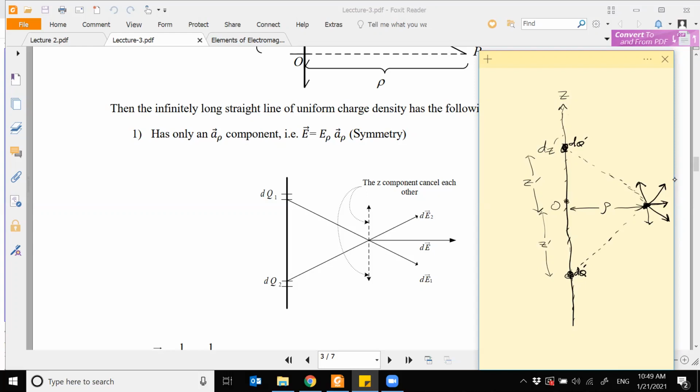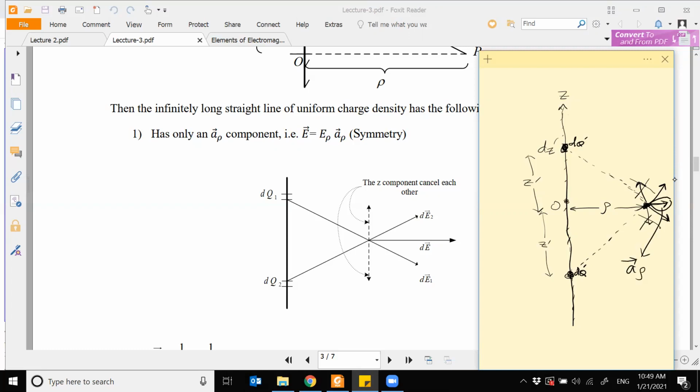Why? Because these two charges are at the same height, and this is the same point where you are observing. So this and this will cancel out, and only this will stay, which is nothing but my A rho.